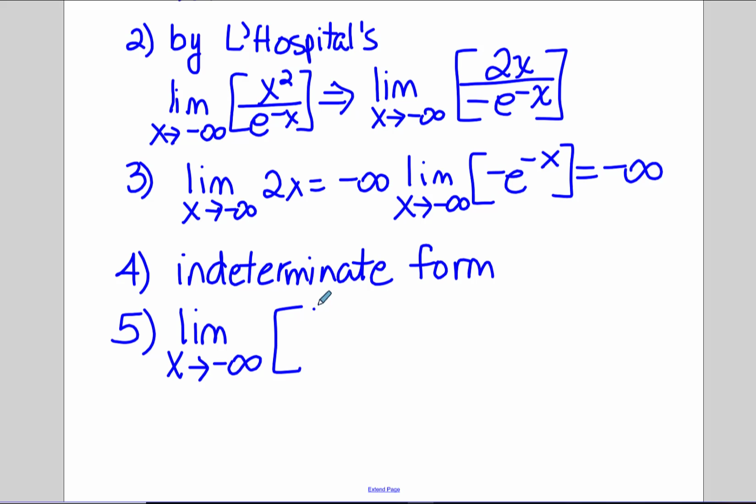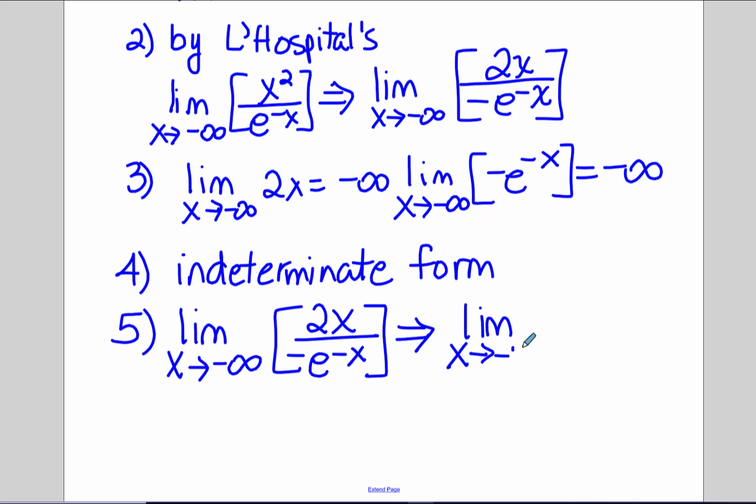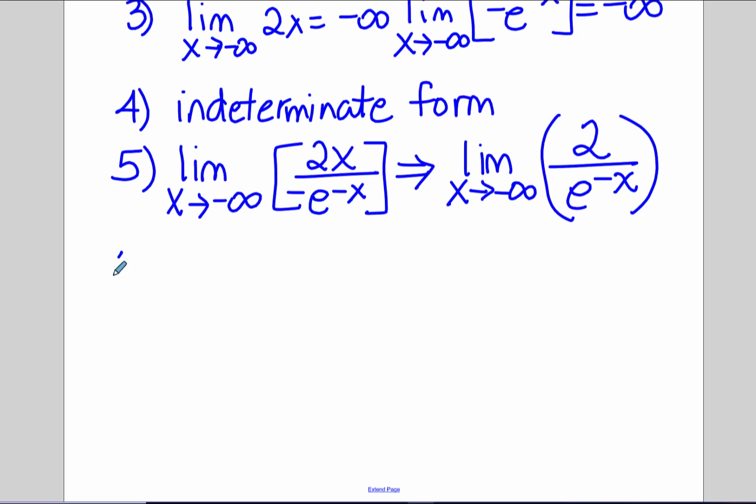I'm going back to the first derivative, 2x divided by negative e to the negative x, which can now be rewritten using a second derivative. So the derivative of the numerator is now 2, and the derivative of the denominator is e to the negative x. So we have this expression.